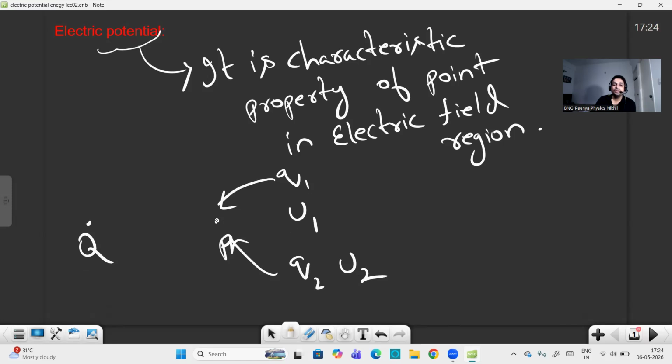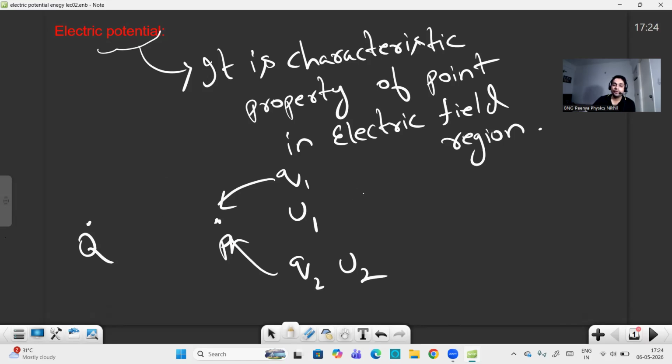But at point P, if we want to define something that does not change with the change of the charge, for that we define the electric potential. Electric potential is defined as the amount of work done to bring a unit positive charge to this point P in a given electric field region.